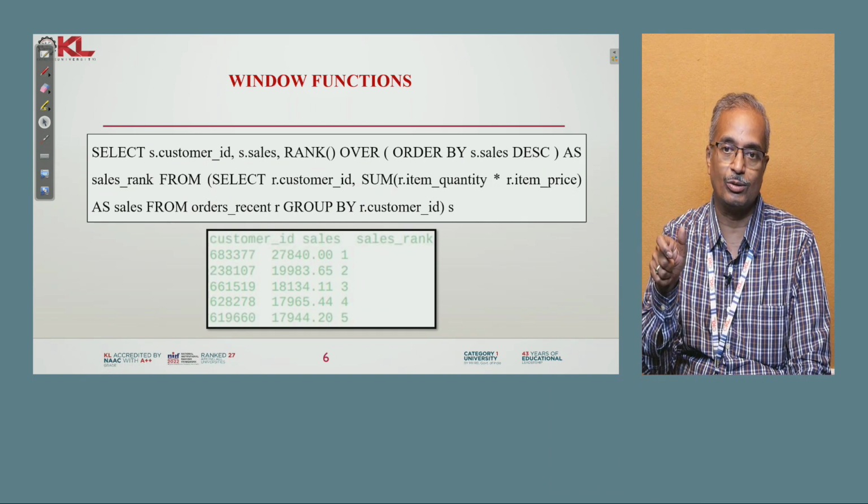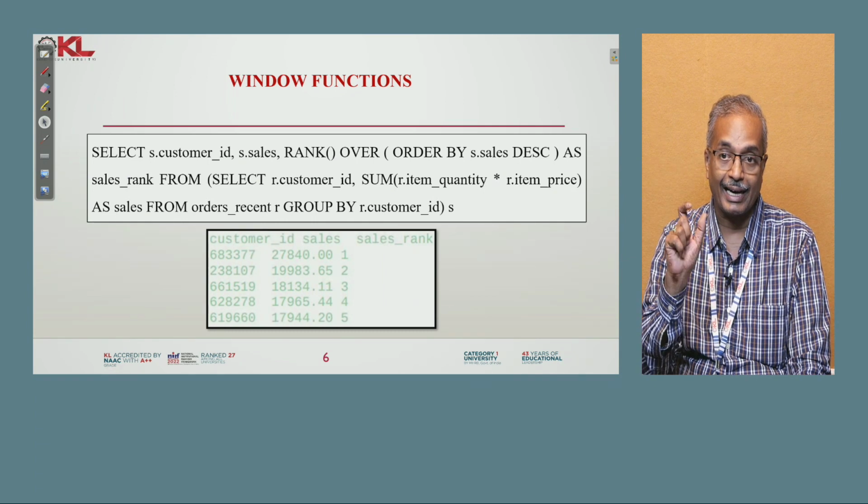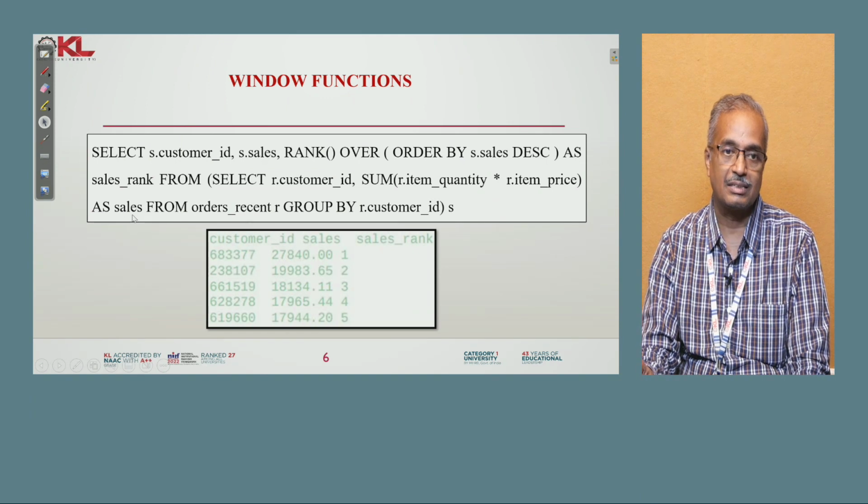It is doing item quantity into order item price, and that result is saved as sales, from which table? Orders recent, and the alias name is R. Here R means the relation name orders recent.